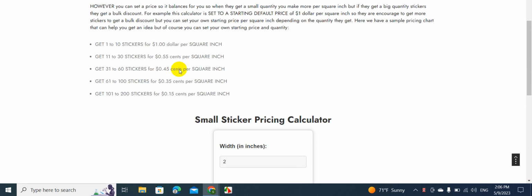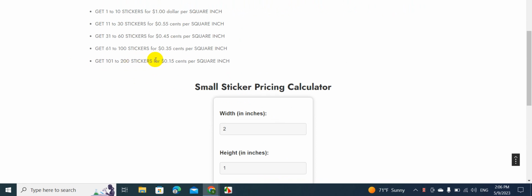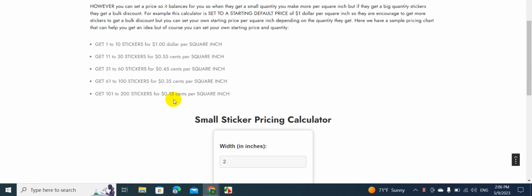Now let's say, you know what, give me 200 stickers. Now it qualifies for 15 cents per square inch. Again, this is just a sample formula. If you want to do something similar, you can set your own prices and your own starting quantities.